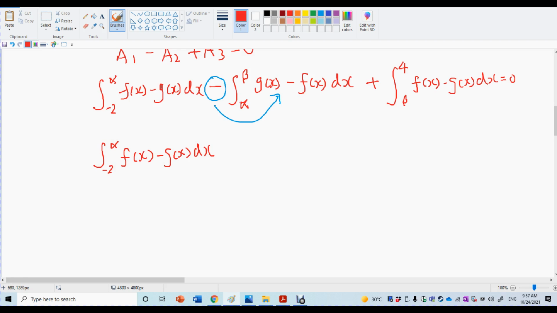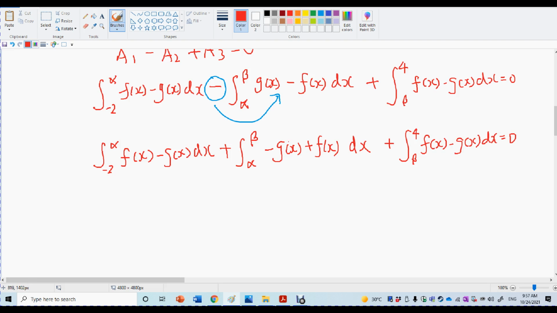But if you bring the minus sign into the second integral, it becomes plus, and the things inside the integral become minus g(x) plus f(x).